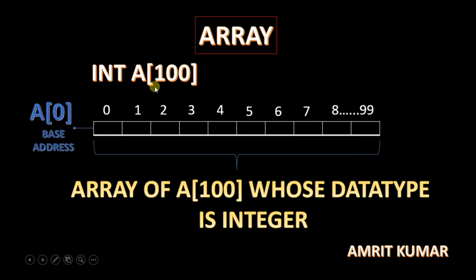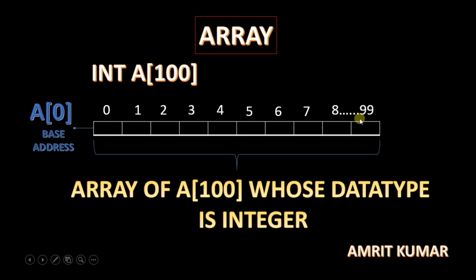Now here is an array which I am initializing with size 100. Here you can see that is 100. So this is an array of integer data type. It means the index starts from 0 and goes on to 99.